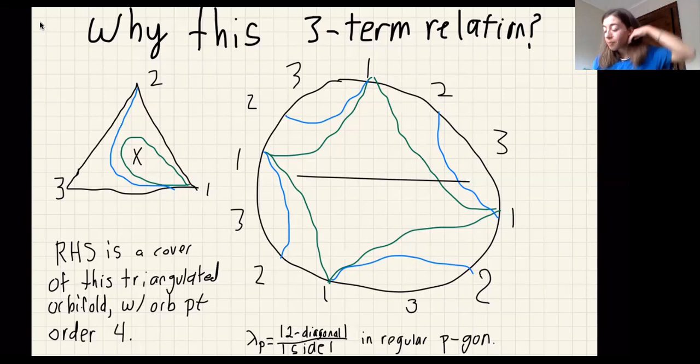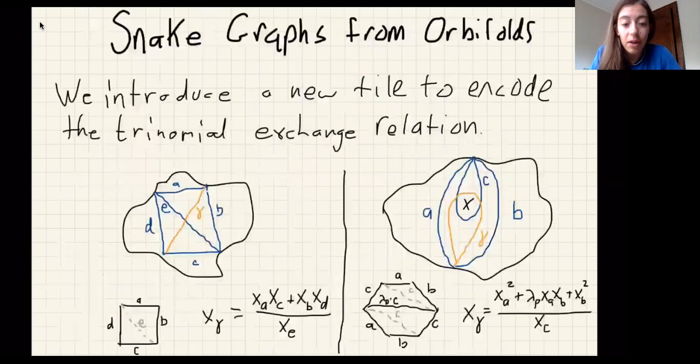Okay. So now we're able to really get to the snake graphs from orbifolds. The big new thing we do is we can have arcs that are interacting with the pending arcs, and those are going to need slightly different rules.